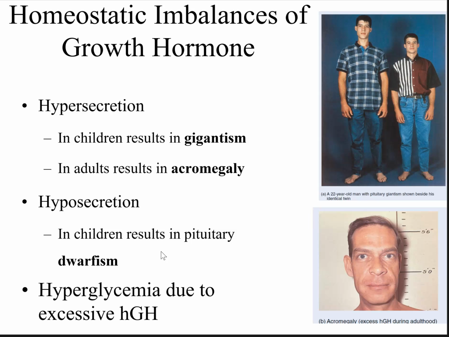Now, like I said, one symptom of hypersecretion is hyperglycemia, and when there is persistent hyperglycemia, it stimulates the pancreas to constantly secrete insulin, because we have too much sugar. When we have too much sugar, the pancreas thinks we need to constantly secrete insulin and convert the blood glucose to glycogen.